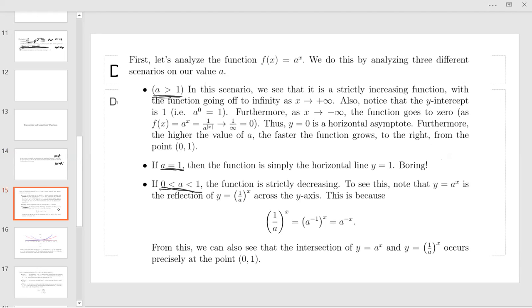So if a is greater than 1, we have that f of x is equal to a to the x is a strictly increasing function. So basically, as x grows arbitrarily large, this function also grows very large as x is in the exponent. Next, as x goes to negative infinity, so x goes really small, then this function goes to 0. We can see this by using the fact that a to the negative x is 1 over a to the x.